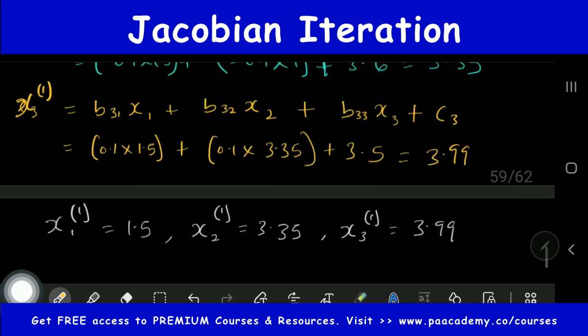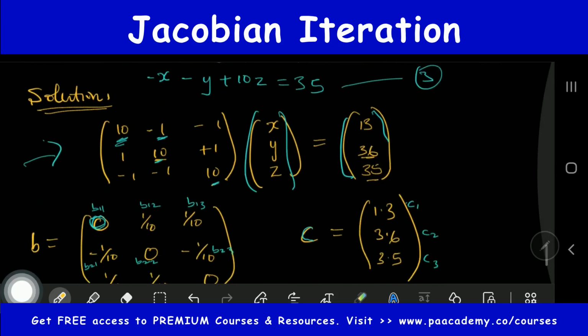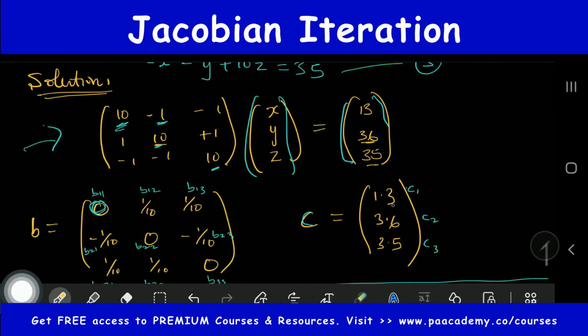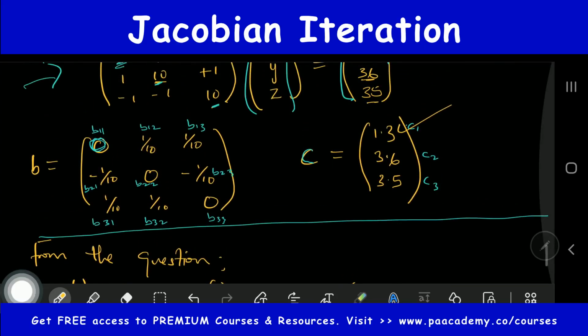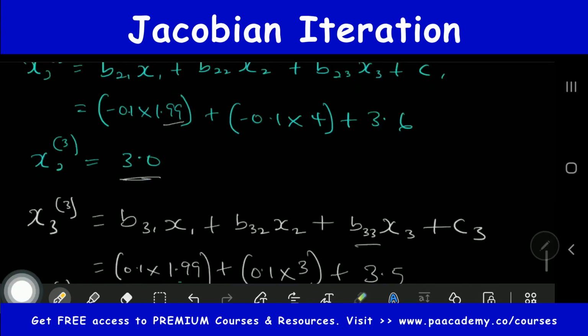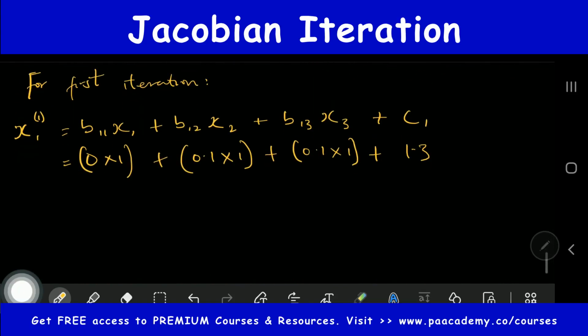Again, let me show you. Just to make sure you don't get confused, this is our c1 here, 1.3, and that's why I have c1 at the side. When we get to c2, this is our c2, which is 3.6, and this is our c3, which is 3.5. All right, so let's move forward.